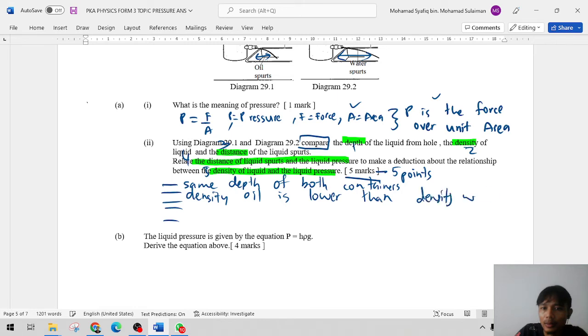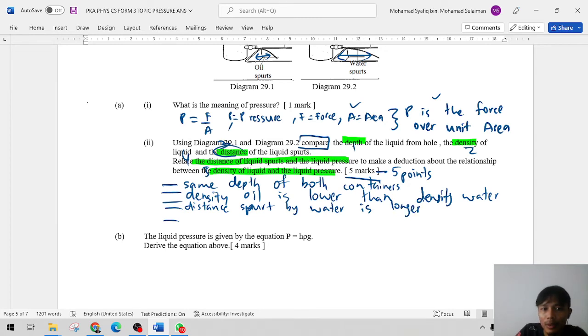And then the third one is about distance. So we can see distance spread by water is longer.